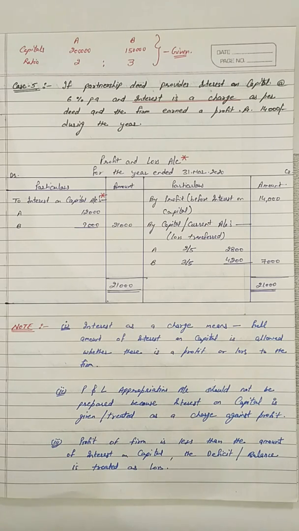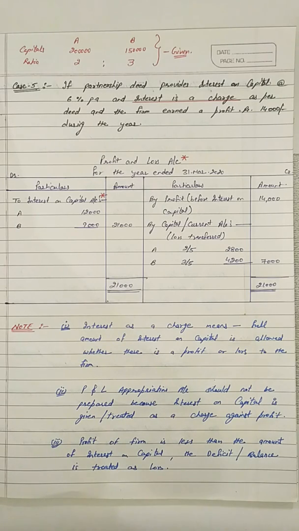When interest is a charge, then we allow the full amount of interest, whether there is a profit or loss to the firm. In this case, we distribute the full amount of interest, that is to A 12,000 and to B 9,000.